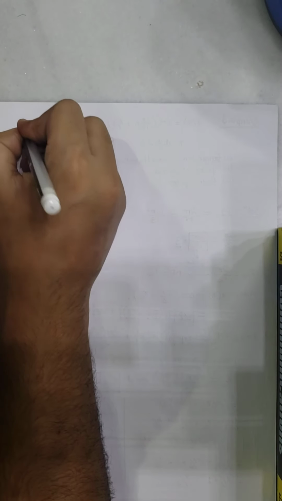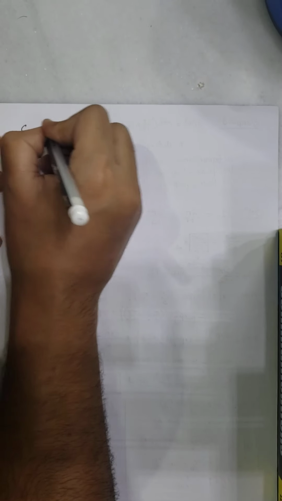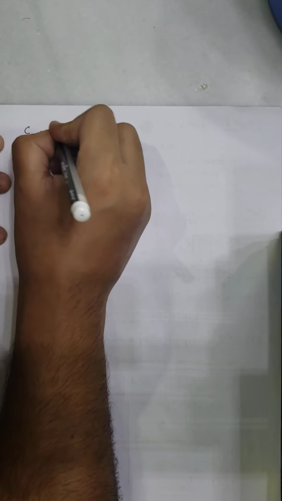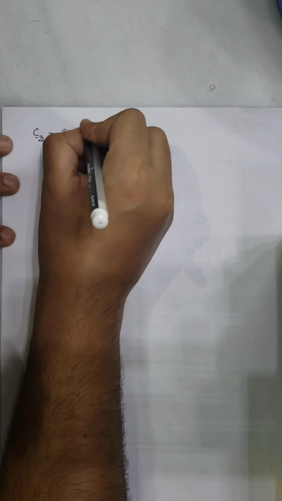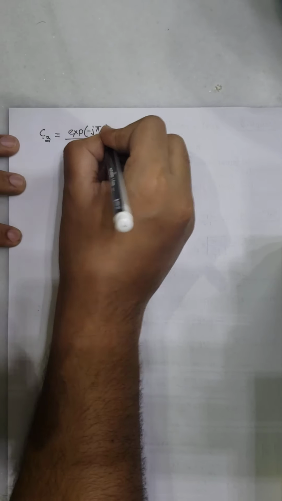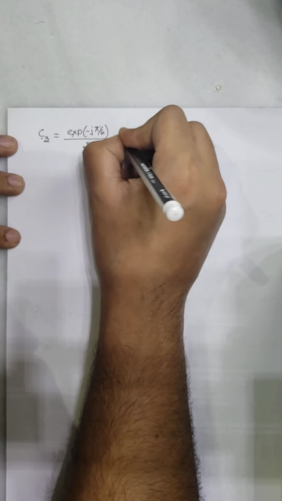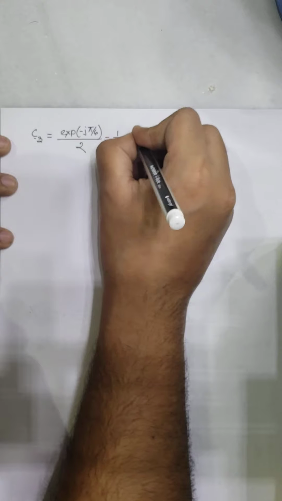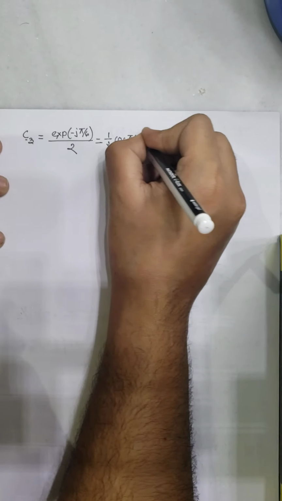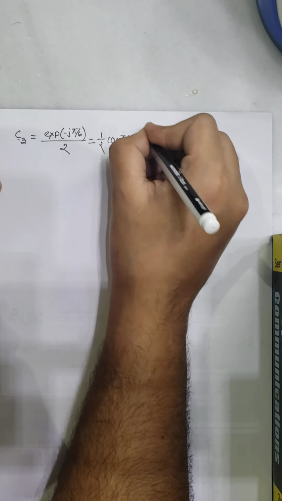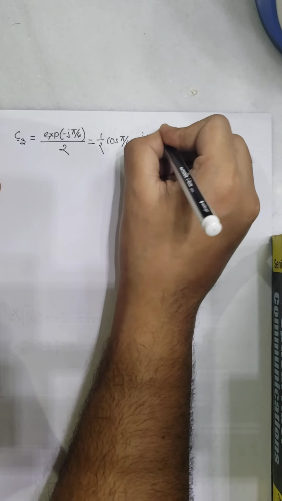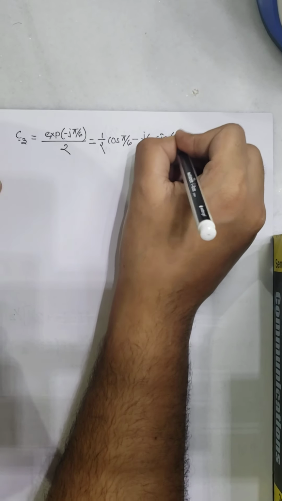So C of minus 3 is equal to e to the power minus j pi over 6 whole over 2, which can be expanded as half cosine of pi over 6 minus j by 2 sine of pi over 6.